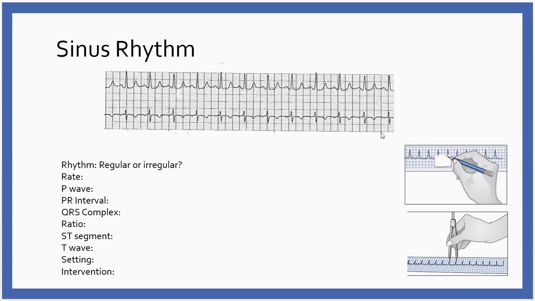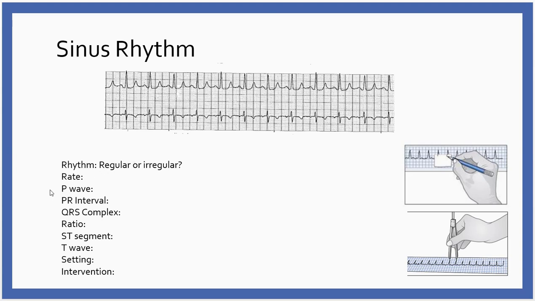So I'm going to start counting complexes. 1, 2, 3, 4, 5, 6, 7, 8, 9. So 9 times 10 gives me a heart rate of 90. So I'm regular so far, and I have a rate of 90.